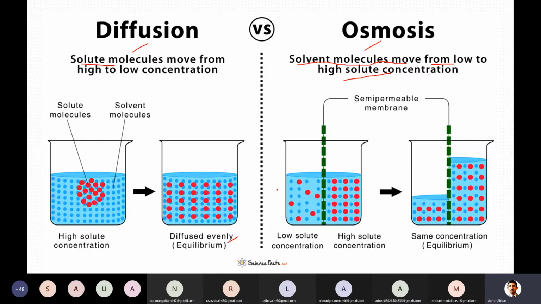So this is osmosis. For example, here you have a dilute solution on one side and a concentrated solution on the other. The solvent, which is the liquid, will move from the low concentration of solute to the high concentration of solute.